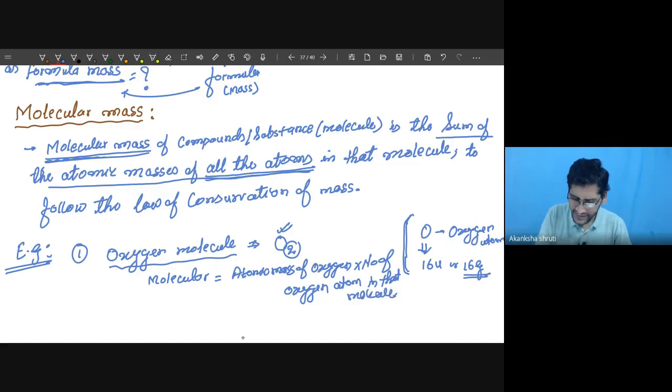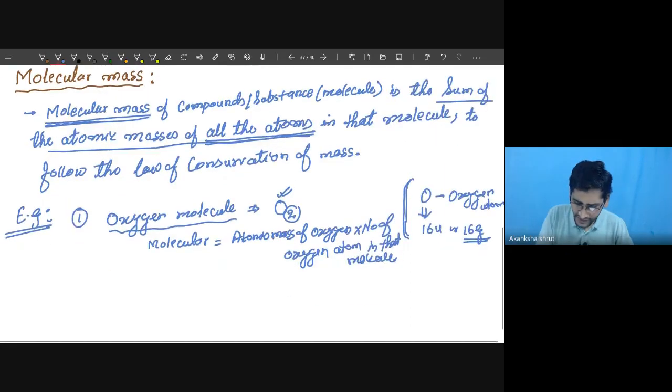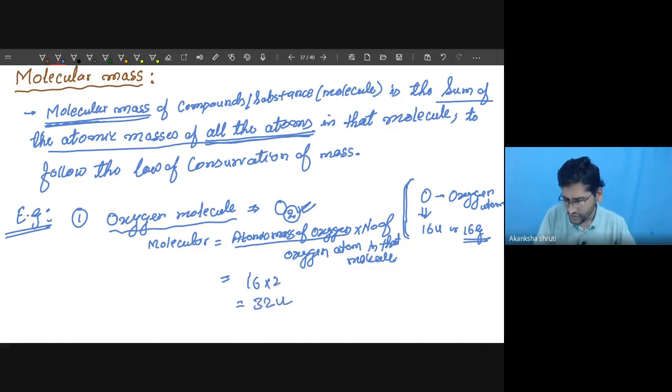Here we have written O2, meaning only one molecule is there, but the atomic mass of oxygen is how much? It is 16. But how many atoms in this molecule? It is represented by the subscript, which is 2. So we need to put 2 here. This way we get 32 u.